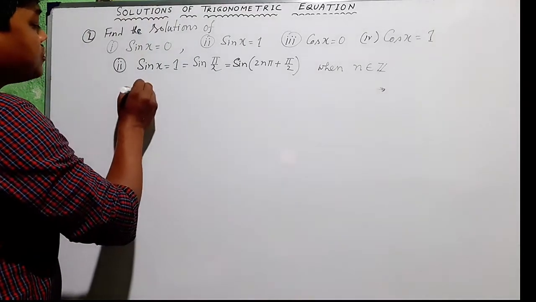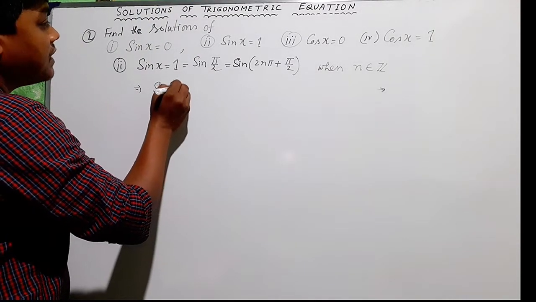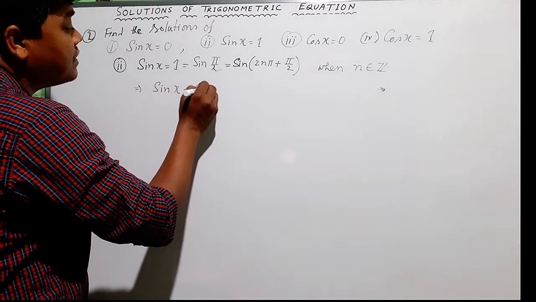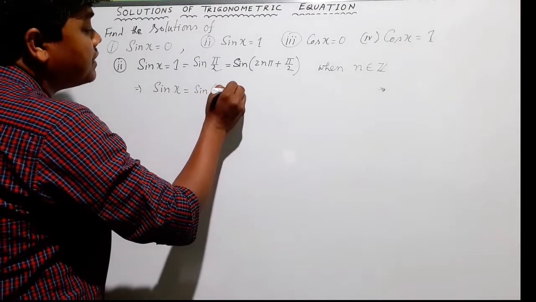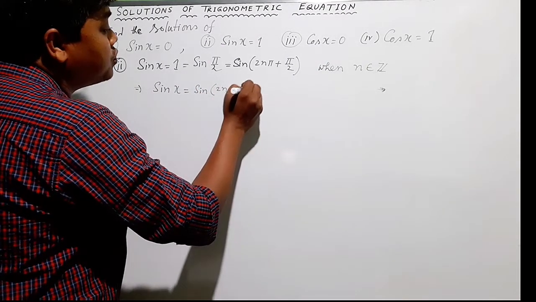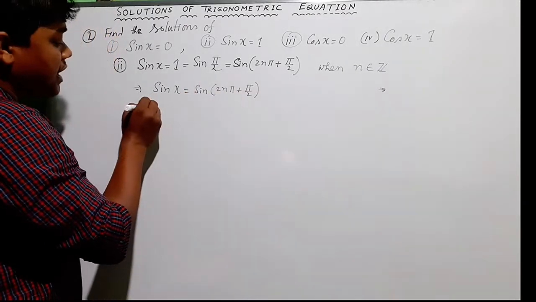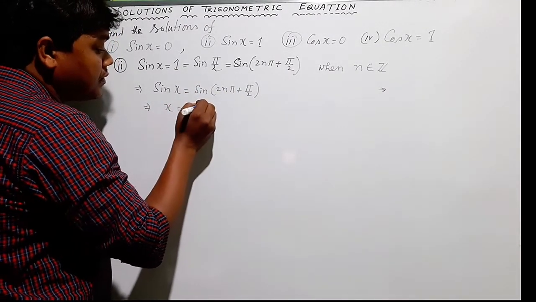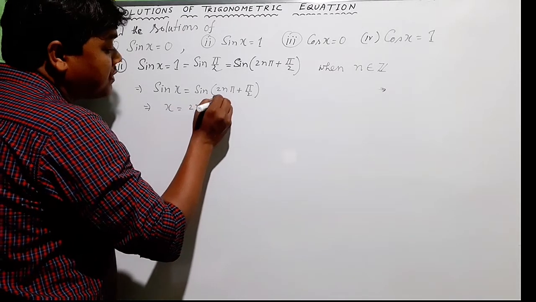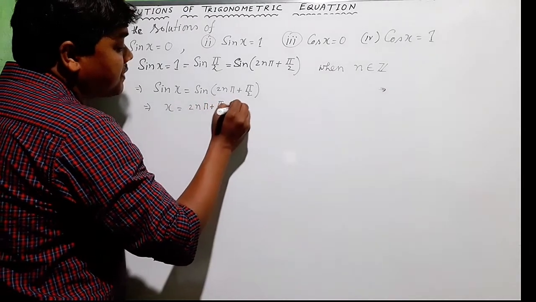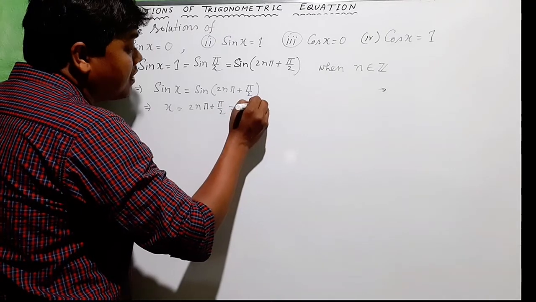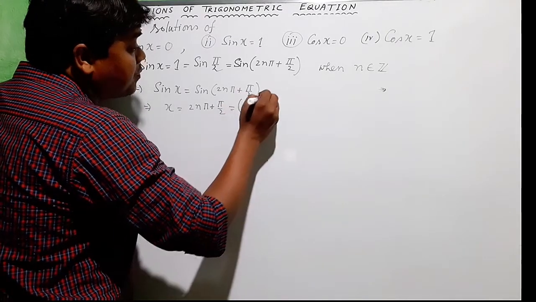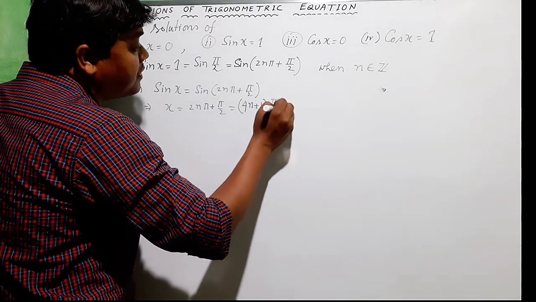So sin x equals sin 2n pi plus pi by 2, so x equals 2n pi plus pi by 2. After simplification we can easily say 4n plus 1 into pi by 2, and n belongs to Z.